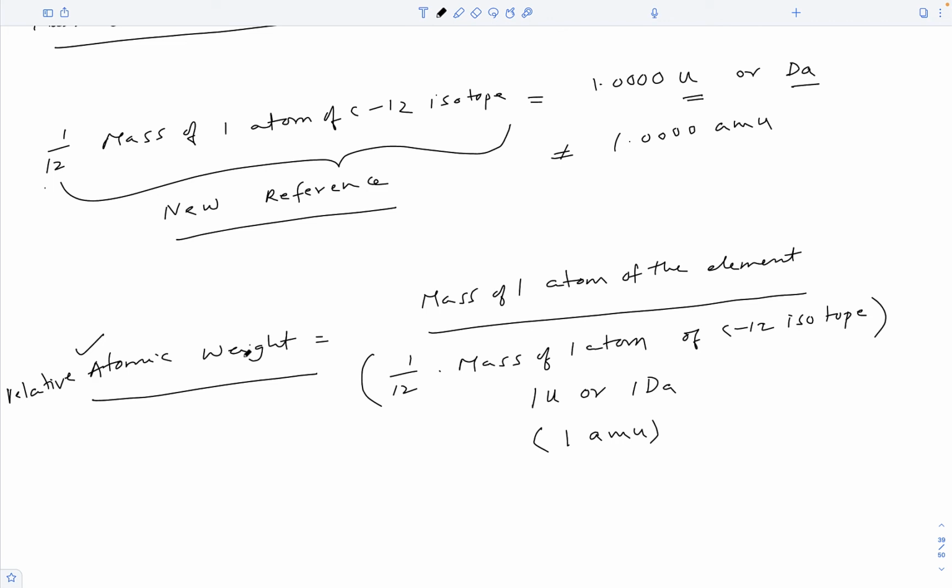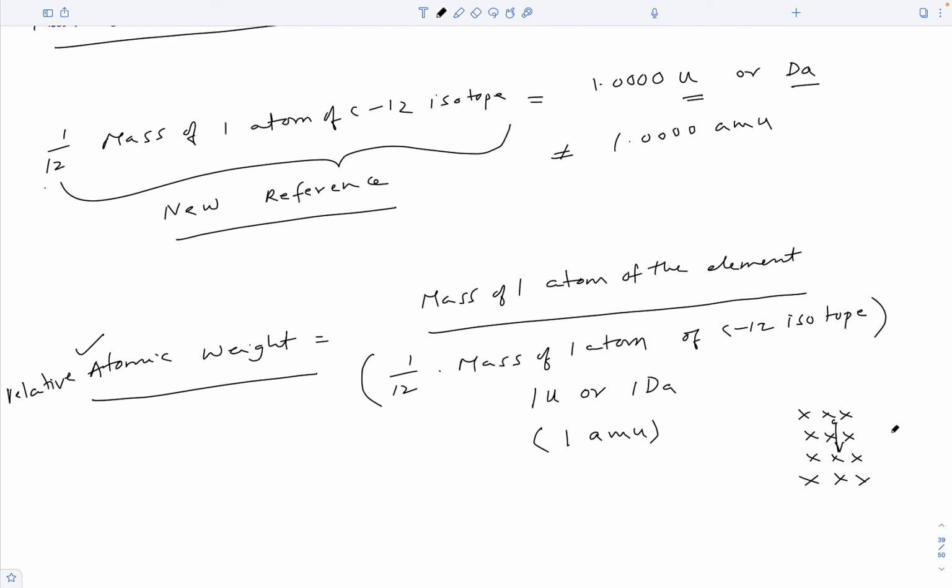Now there is another problem with this name. See, mass and weight are not the same. They are two different things. Mass is the amount of matter present in an object, and it is same for a given object anywhere in the universe. But weight is the force experienced by that mass when it is placed in a gravitational field, and it could change from one location to another location.